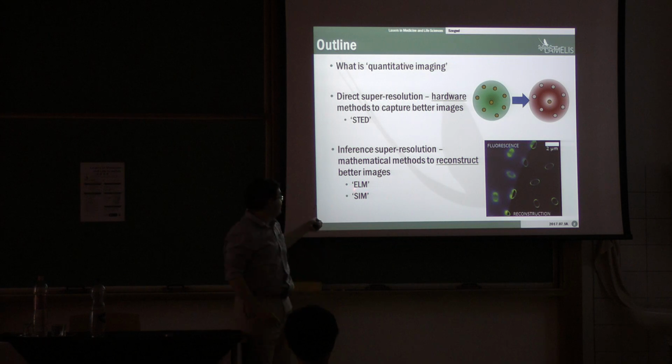So we'll talk about this ELM technique, which I developed. This is ellipsoid localization microscopy. It's similar to the single molecule localization microscopy that Miklos described, but works for things like these ellipsoidal fluorescent shells, different objects. And I'll talk briefly at the end about structured illumination microscopy, which is a Fourier technique.